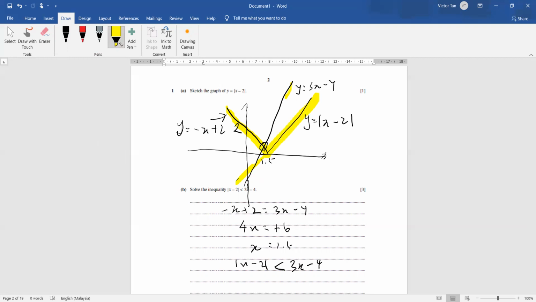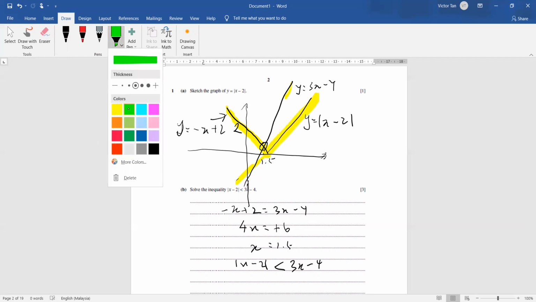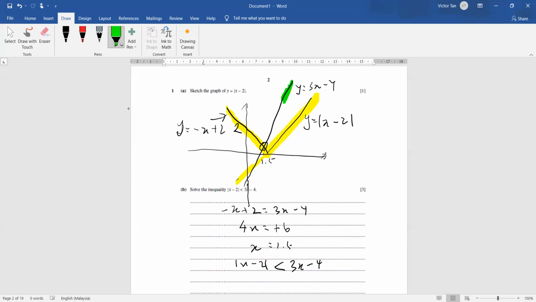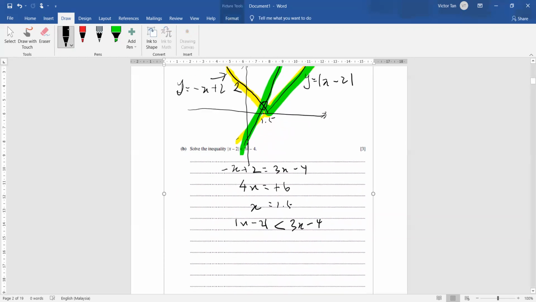So the part that's below this graph is here. So the solution is x is larger than 1.5.